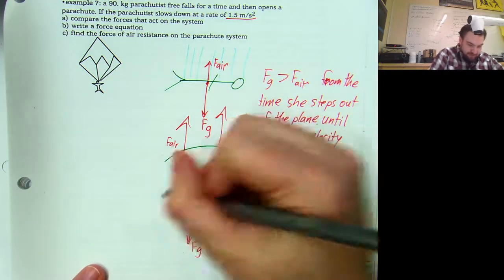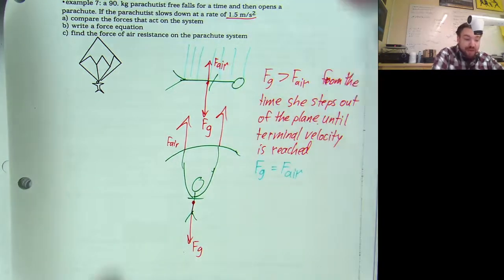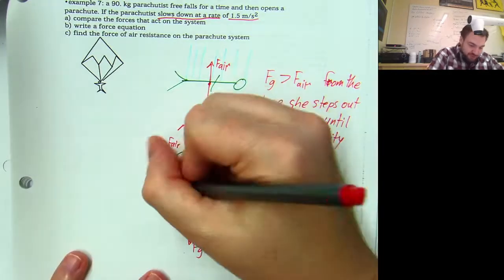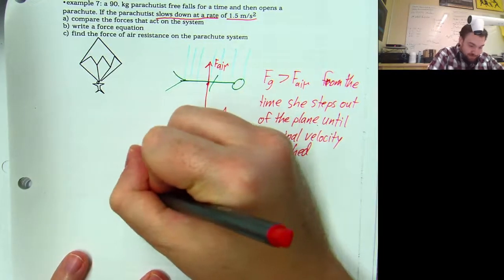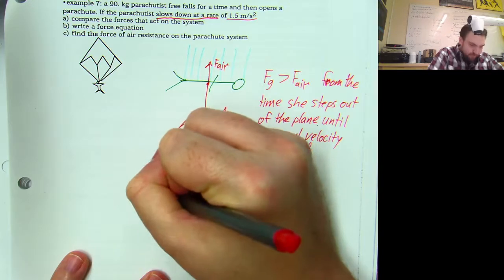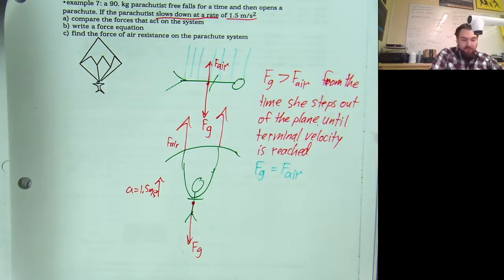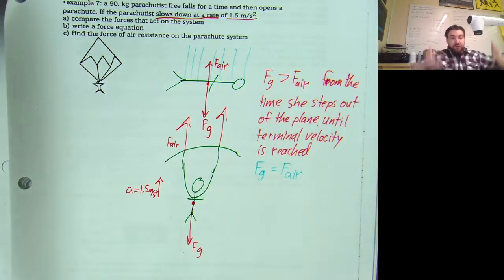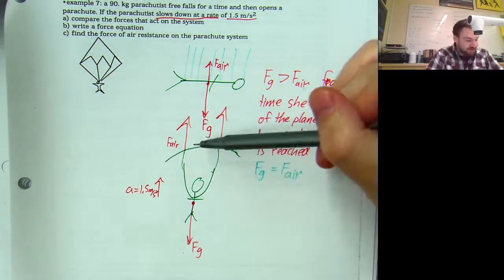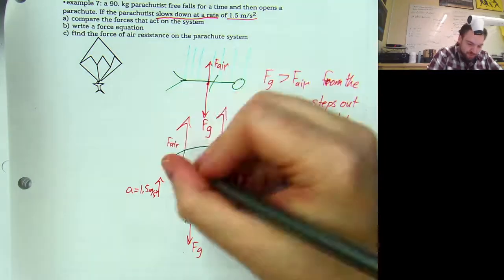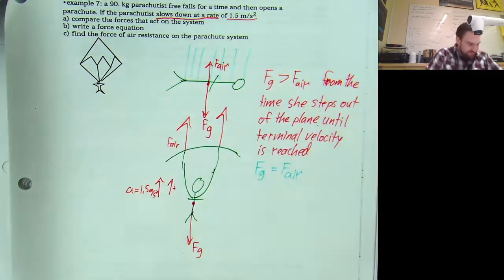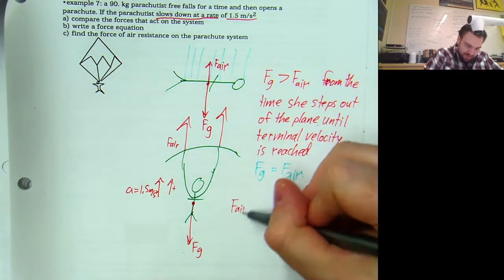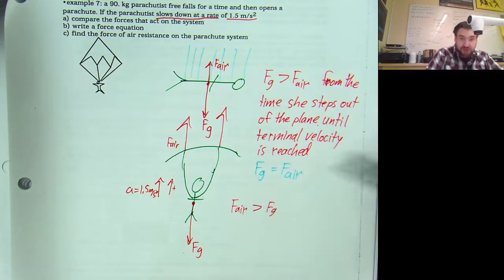We know that the person is slowing down at a rate of 1.5 meters per second squared, so the acceleration is upwards. They were falling at some terminal velocity, pull the cord, now she slows down because F air is acting. So we're going to call up positive. Here we know that F air has to be bigger than Fg because she's slowing down.